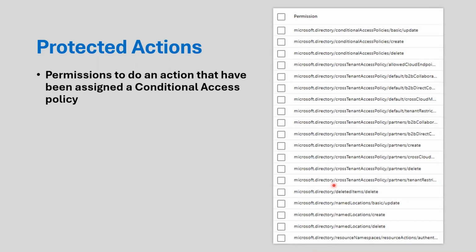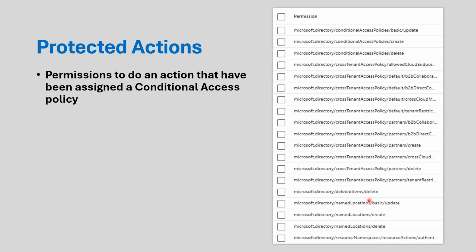Protected actions. Now, I put this in here because it's conditional access, but it can be a layer on top of it. It's not protecting a credential, it's protecting an action. So you have these actions that you can do. Deleted items, you want to delete these things, or you want to create these things, or whatever. These are actions that you can do.